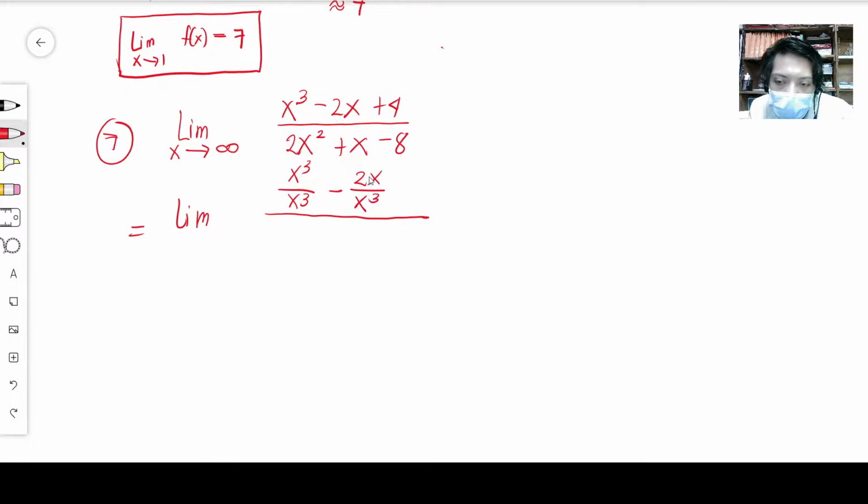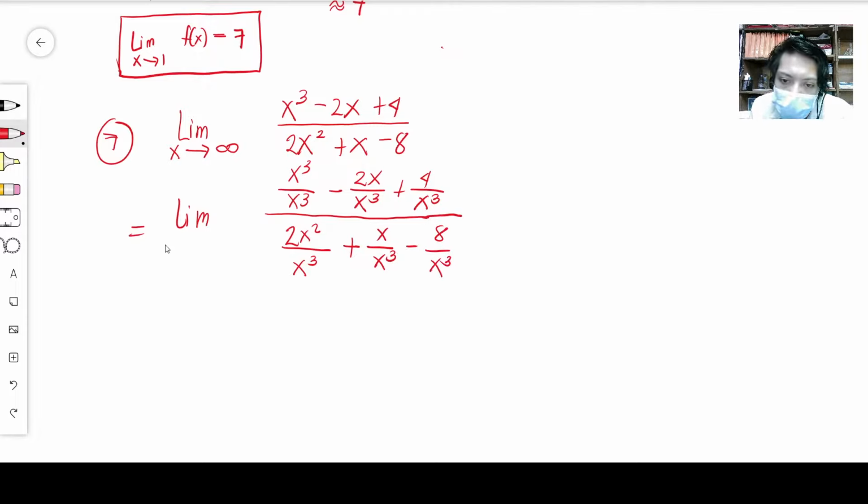Take note, divide everything by x cube, because x cube is the highest degree term. Plus 4 over x cube. And in the denominator, 2x squared over x cube plus x over x cube minus 8 over x cube.